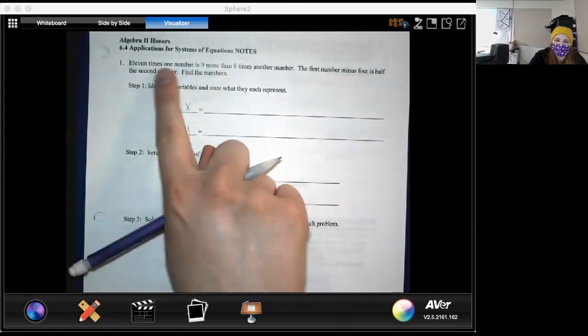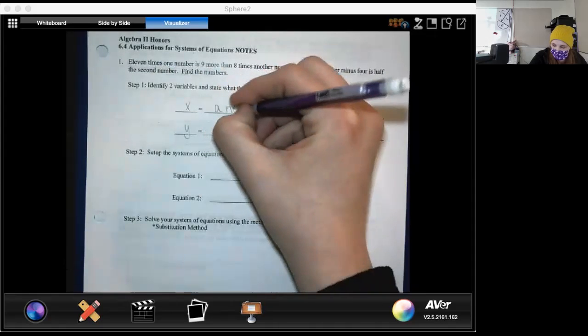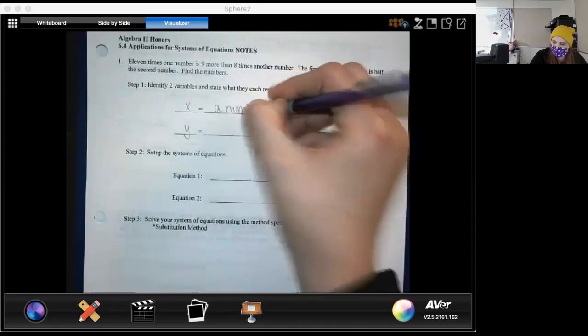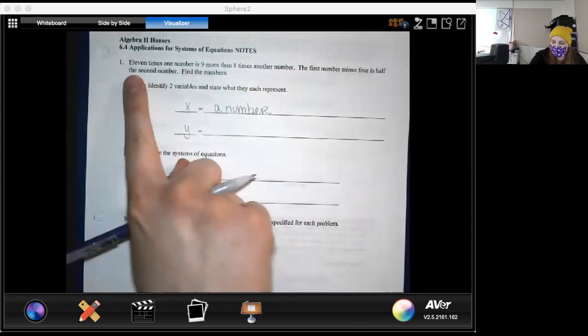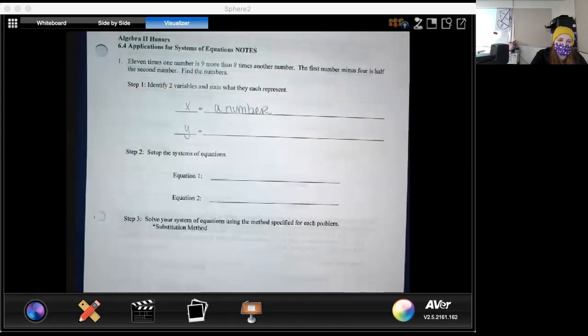The first one says one number, so we're going to use a number as my first definition. And the next time it mentions it is another number, or the second number. You can use either way. You can say first number, second number. You can say a number, another number, other number. Since it didn't really describe it as first and second the whole way through, it doesn't really matter.